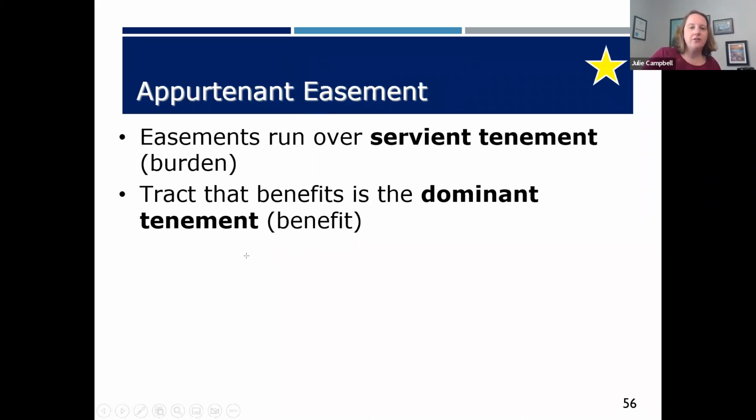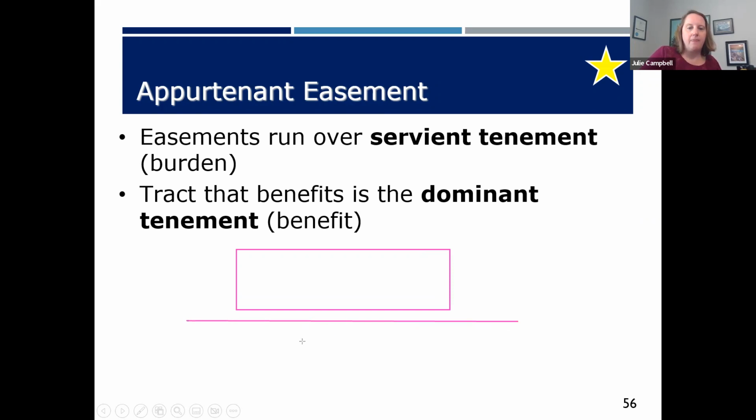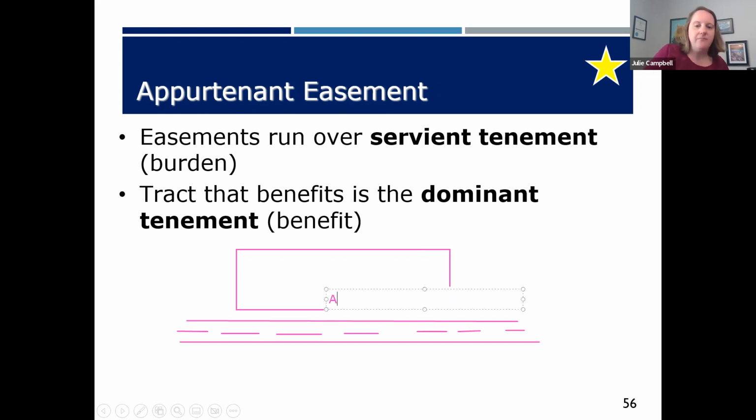Where these start or how these come to be most of the time, and y'all please excuse me, I'm not an artist, but how these come to be most of the time, let's say you have a tract of land, here's your road, and somebody named owner A owns this tract of land.